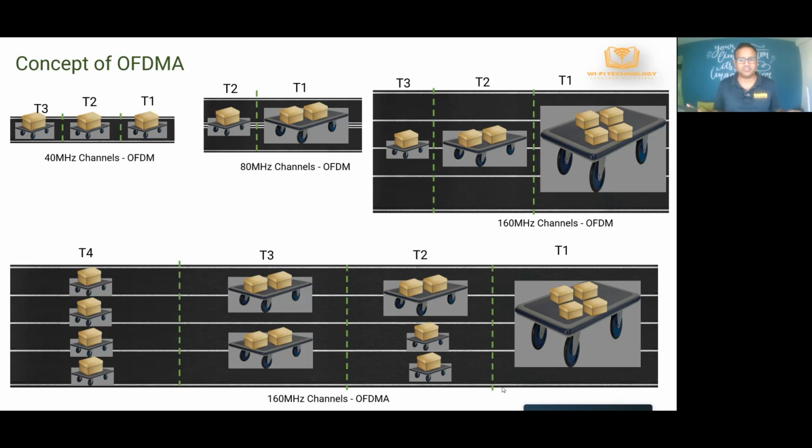It's not fixed. As that keeps changing, the AP and station can negotiate that, and based on the bandwidth requirements, they can split the available bandwidth into smaller chunks and transmit in those smaller chunks and achieve simultaneous communication. So that's the basic concept behind OFDMA.